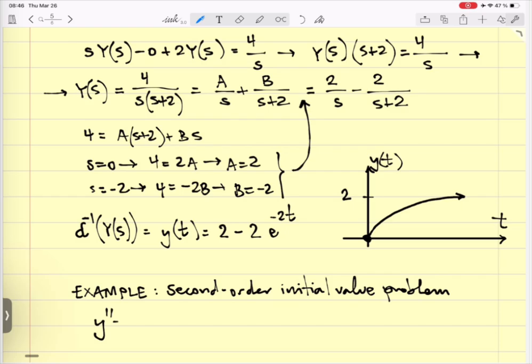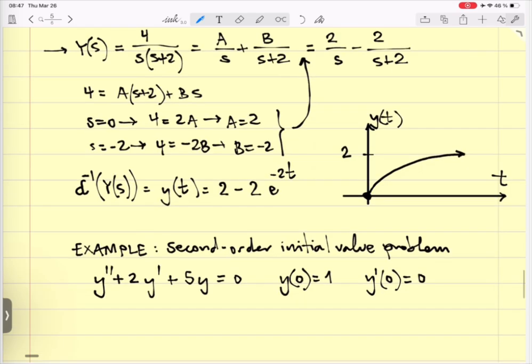So second derivative plus 2 times first derivative plus 5 times I equals 0, and the initial conditions could be this.